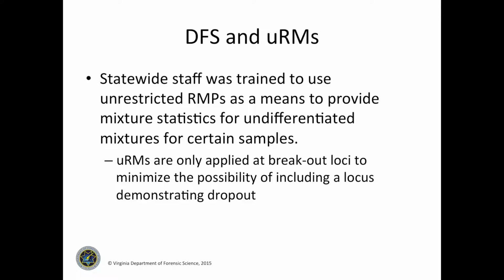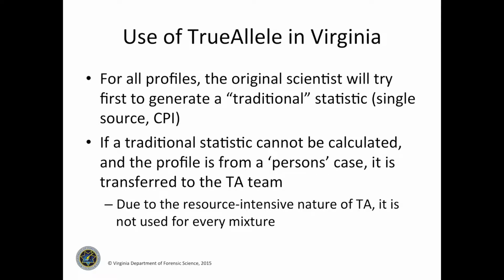Because of this, obviously, only a fraction of the data is used, which is why we choose not to use URMs on probative evidence in persons cases. And yes, statistics in 3-contributor mixtures for property crimes end up being 1 in 5 or 1 in 10. For all profiles, our bench scientists will try first to generate what we call a traditional statistic.